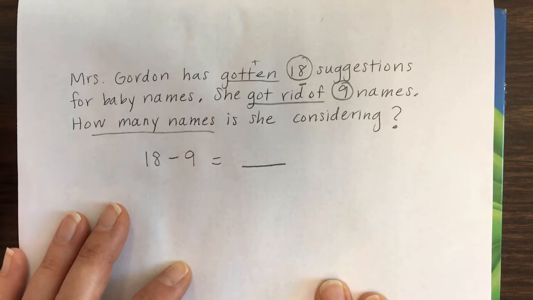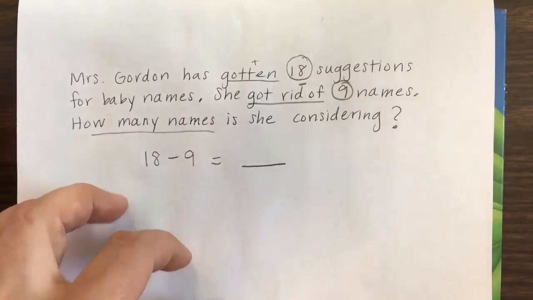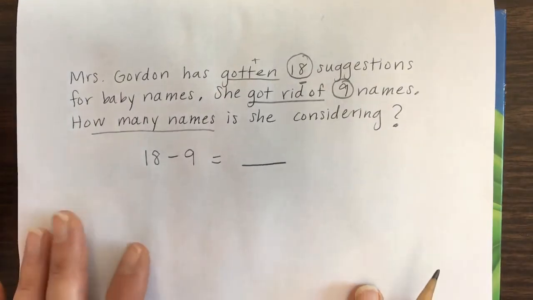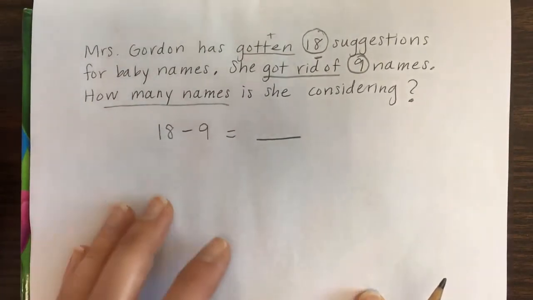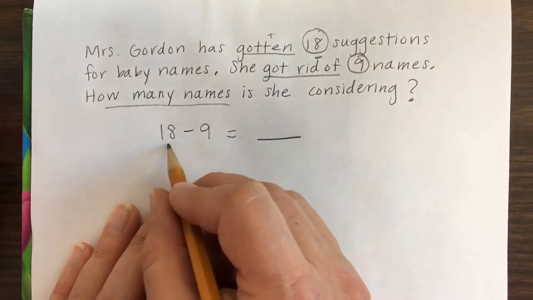So I'm also, if I don't remember to do doubles in this situation, 9 plus 9 equals 18, I have some other ways I can figure it out. We can use a number line. We can also draw a picture. I'm going to draw a picture for those of you who need a picture. And when I draw out my 18, that's a big number.